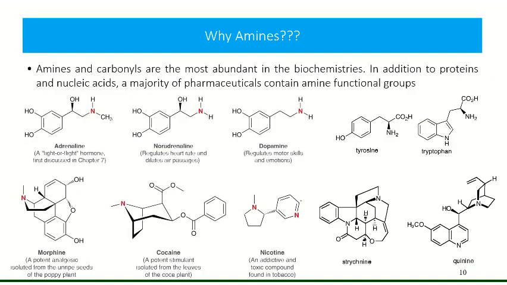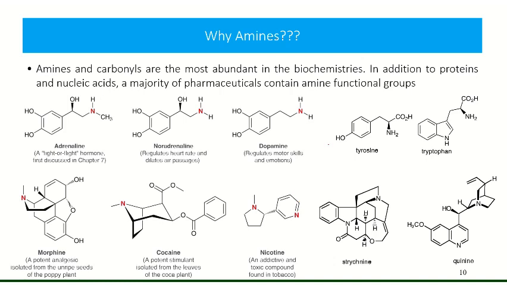You can see why we study amines, because like the carbonyls, these guys are ubiquitous in biochemistry. So you think about proteins, nucleic acids, most pharmaceuticals, they contain some sort of amine functional group.